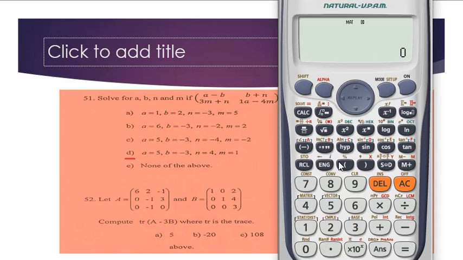So we have matrix A minus 3 times matrix B. Let's find that.